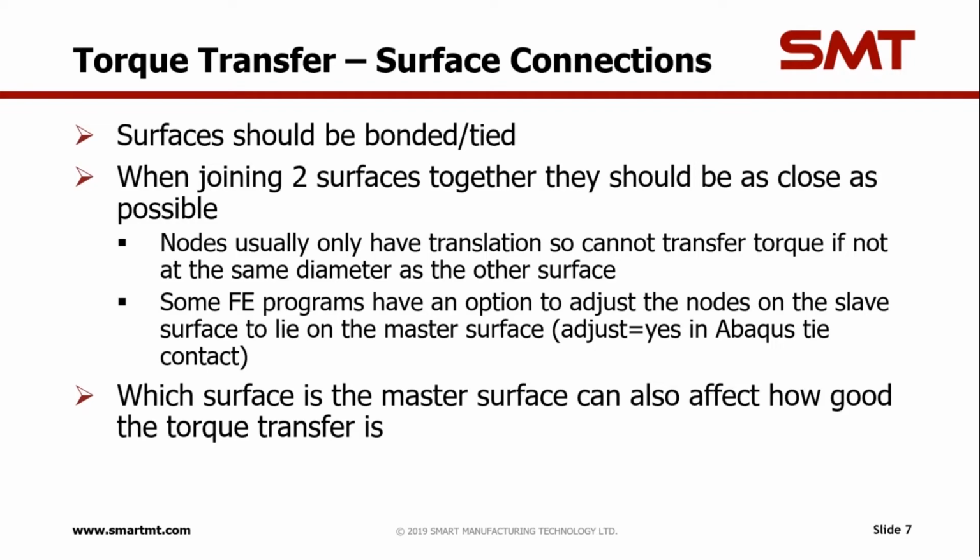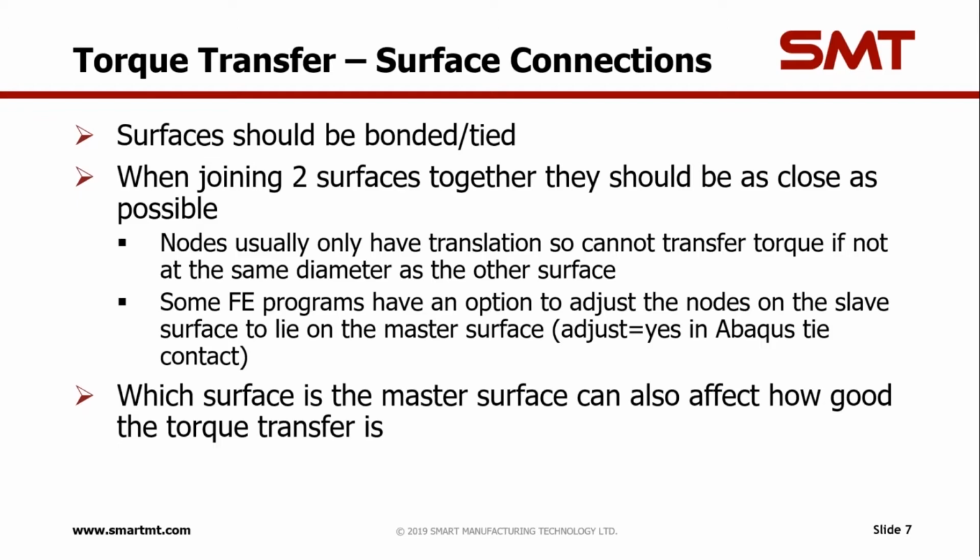You want those two cylindrical surfaces to be as close as possible together, because the nodes you're connecting have only got translational degrees of freedom. So if they're at different diameters, they will transmit the same force but at a different diameter, which then results in a different torque on the other node.